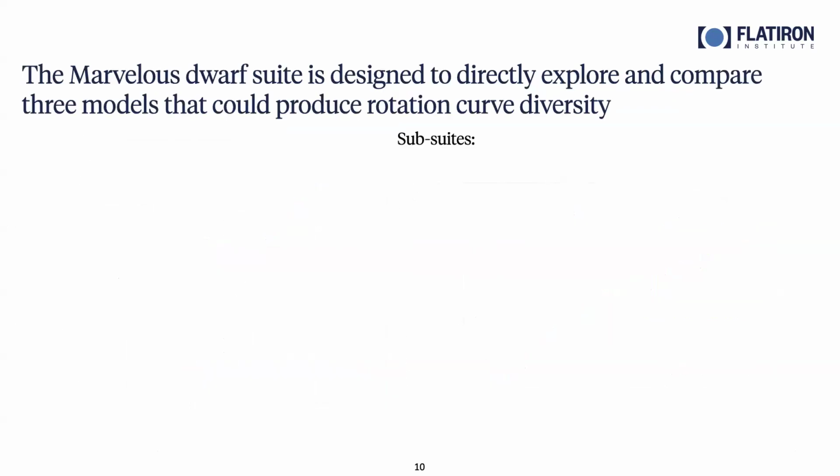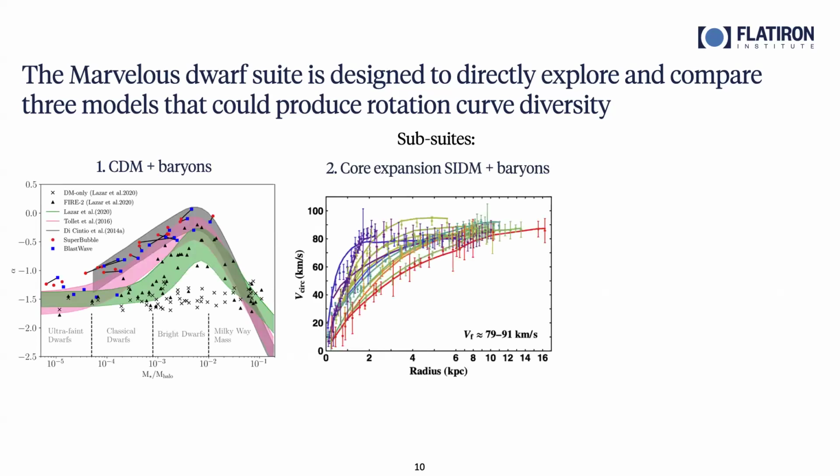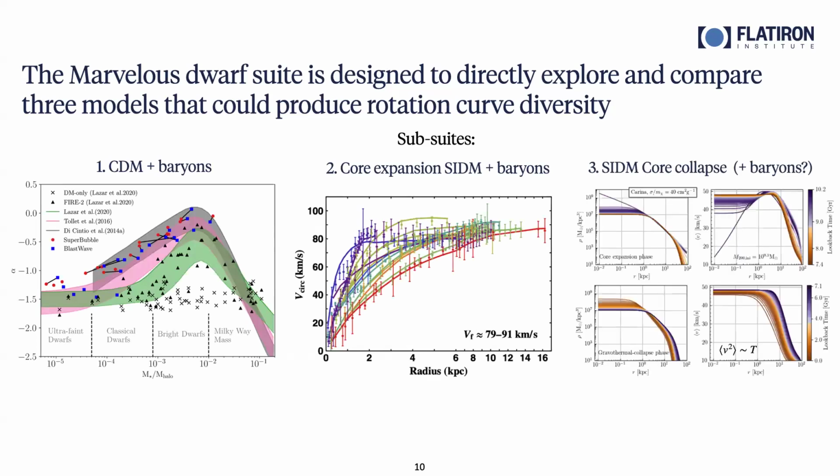So what I'm trying to do is probe all 3 of these models in this suite of simulations. The first suite is a very high resolution suite of simulations with cold dark matter and baryons. The second suite is where I have baryons, but I choose a low cross-section, and I'll tell you in a little bit what that cross-section looks like, where the host ends up in this core expansion phase.